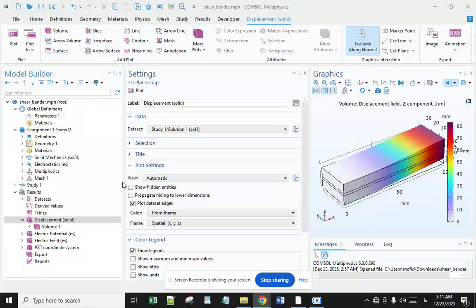These are defined as C11 equal to C33 for the shear actuation mechanism, and C33 equal to C11 for the extension actuation mechanism.